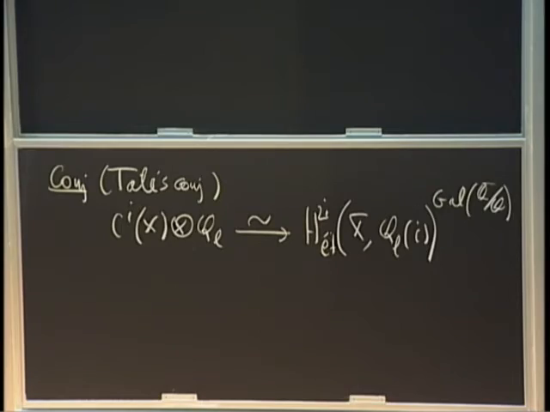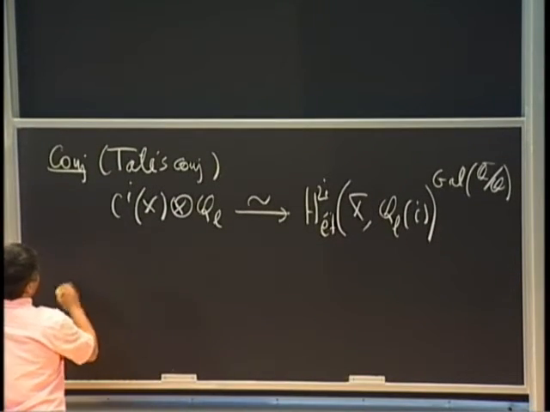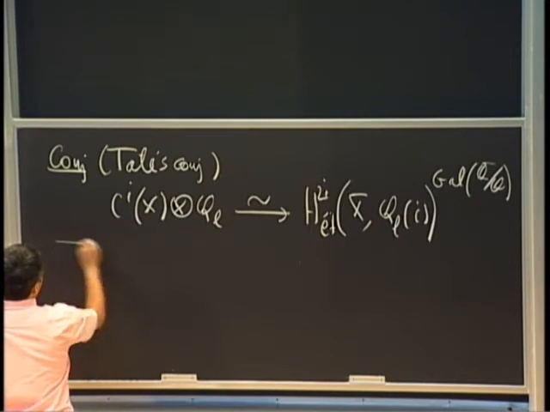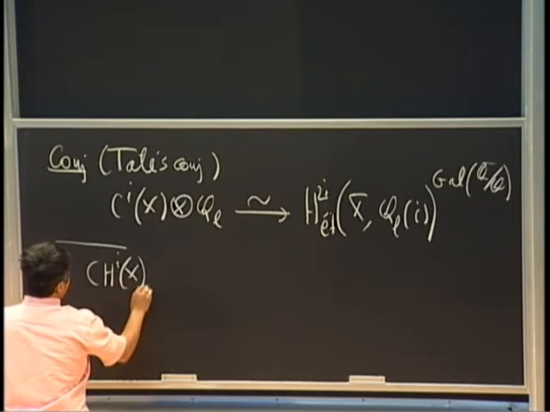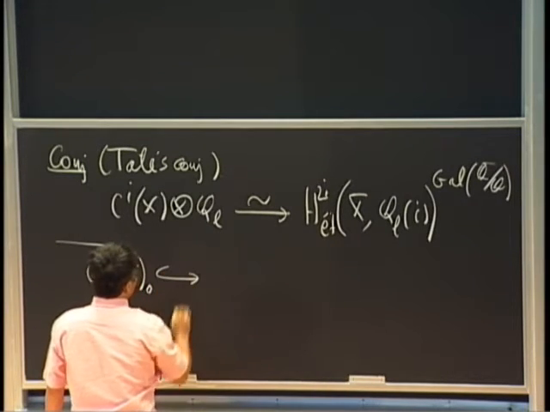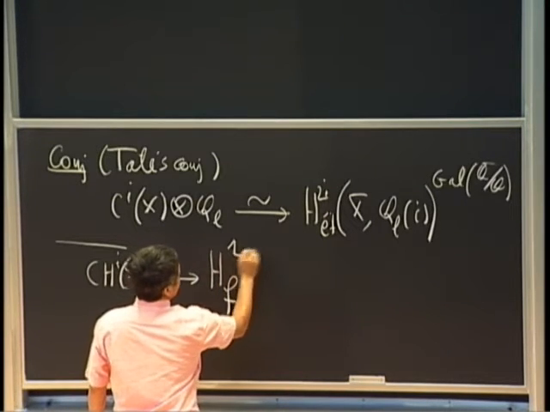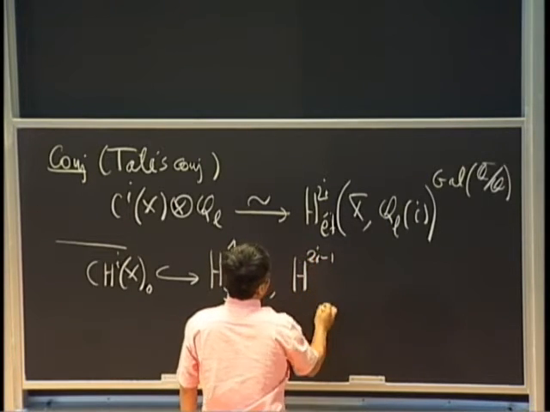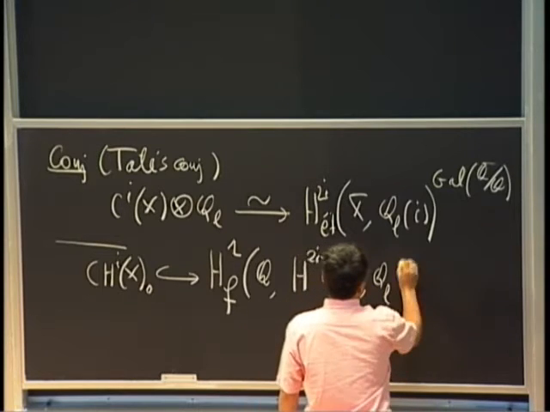And for the other group, there is a morphism, just like you can embed into the Selmer group, to H^1 of Q with coefficients in H^{2i-1}(X-bar, Q_l(i)).